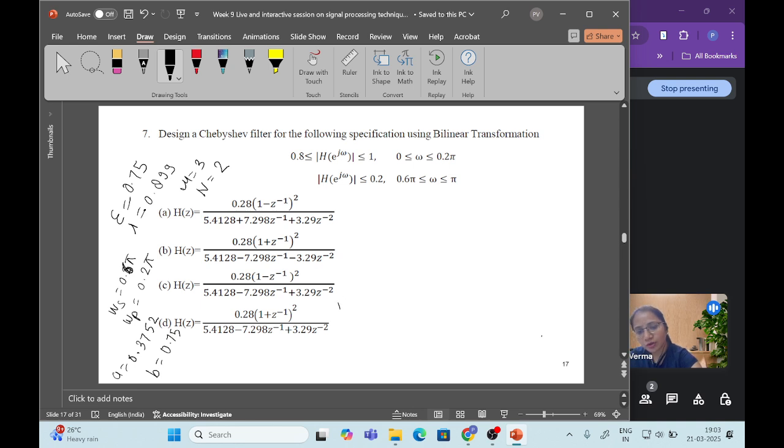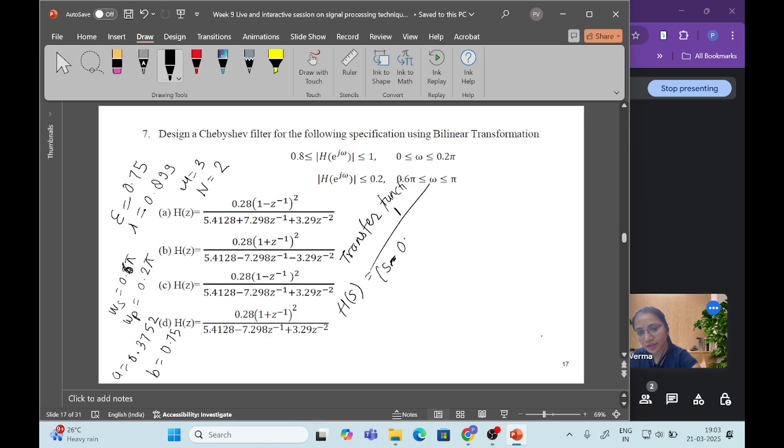Now we have to design the transfer function, that is the transfer function from the given information, h of s. So if you further put, that means 1 divided by the poles, s minus s1, right? So s1, what is the value?